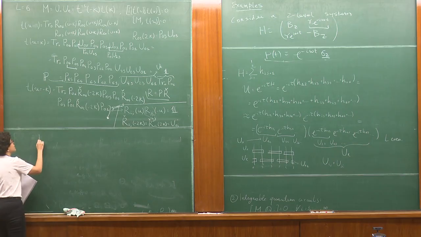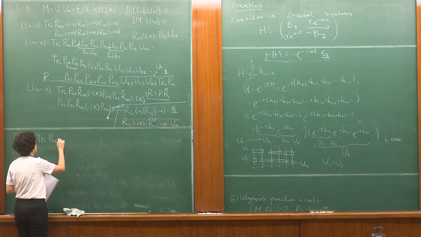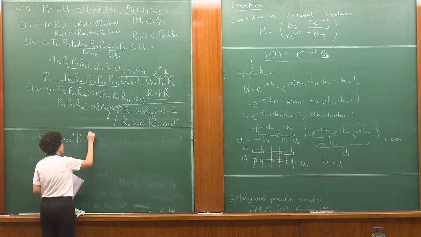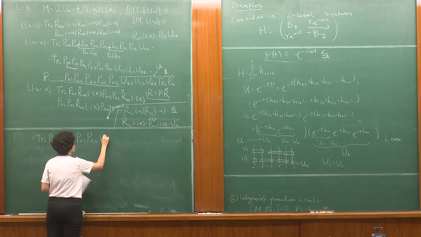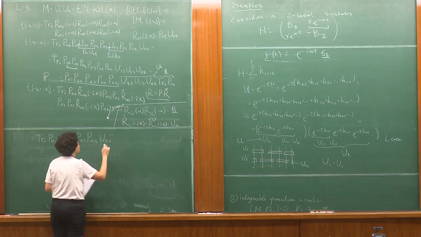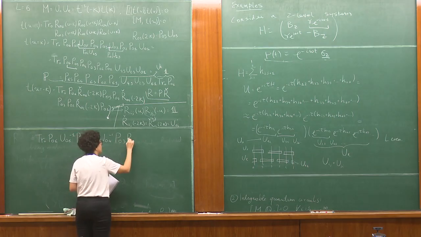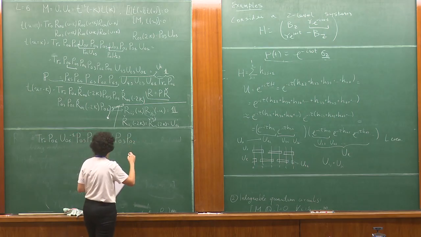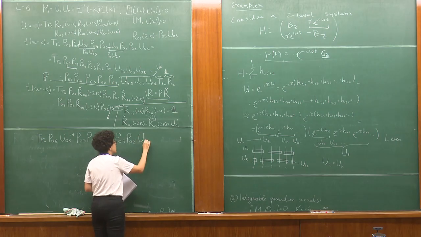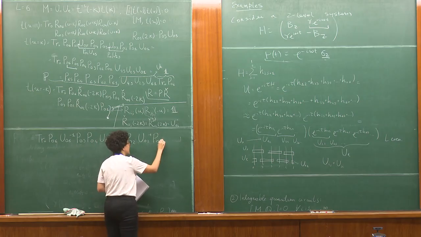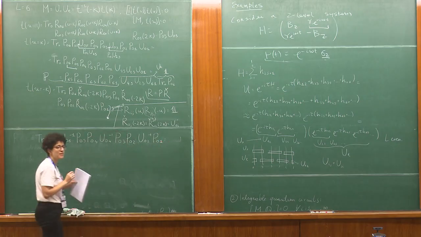This is the trace over 0 of P_06, then U_06 inverse, then P_05, P_04, U_04 inverse, P_03, P_02, U_02 inverse, P_01. We are almost there.